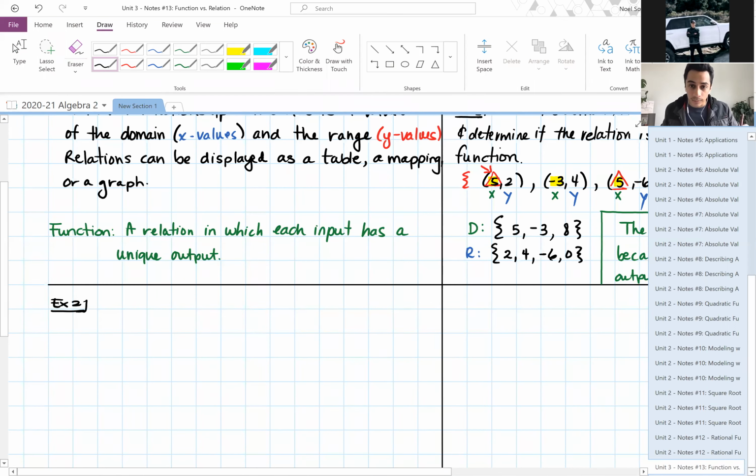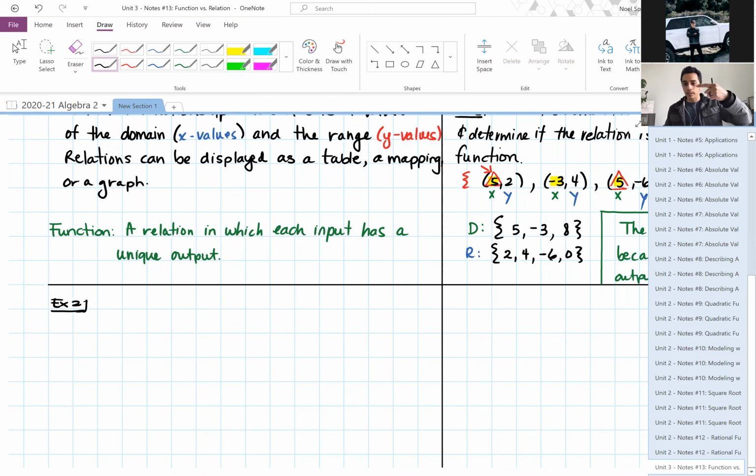Would it be the same if it was on the Y? If you mean that the Y value shows up multiple times, that's okay. The only time it's an issue is when the X value repeats and it goes to separate outputs.